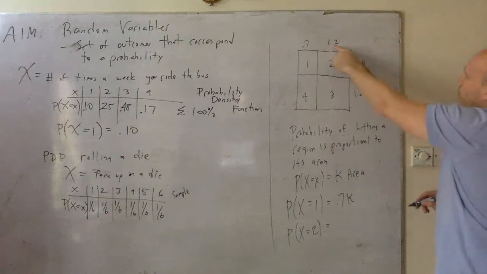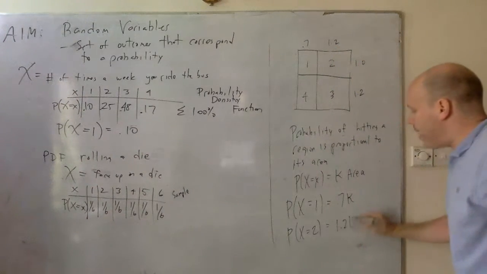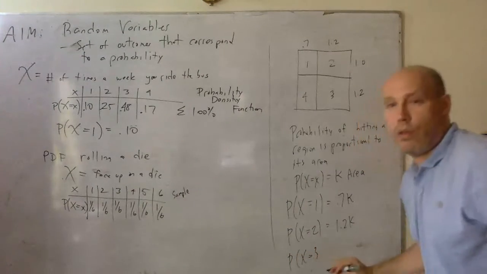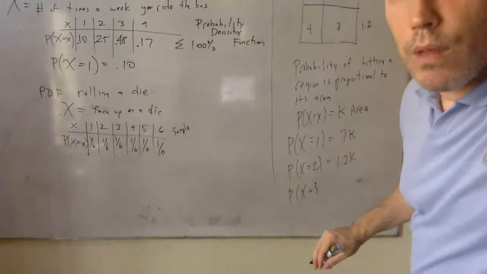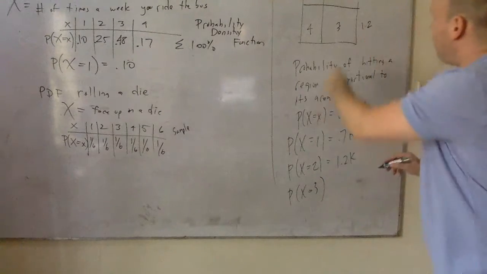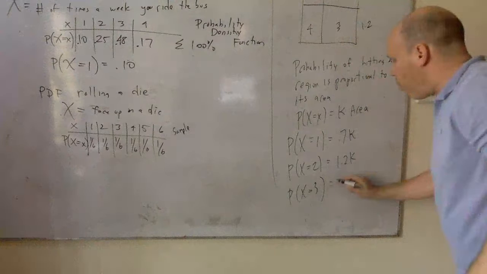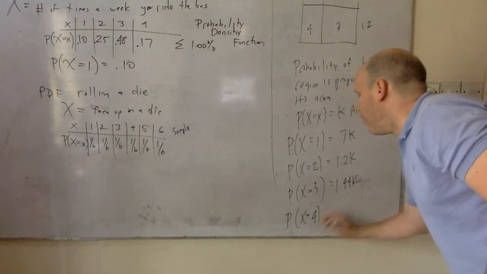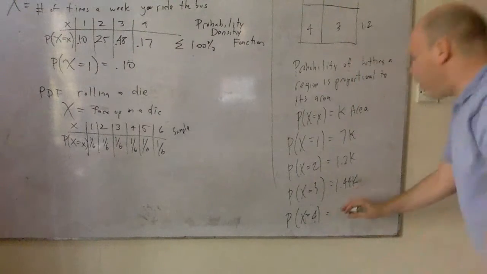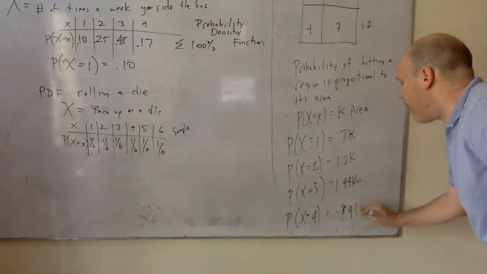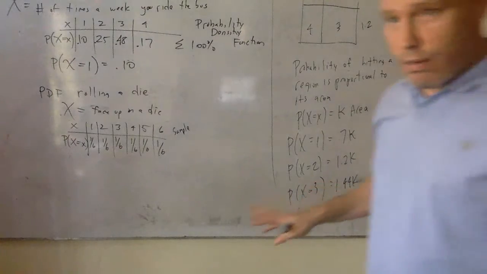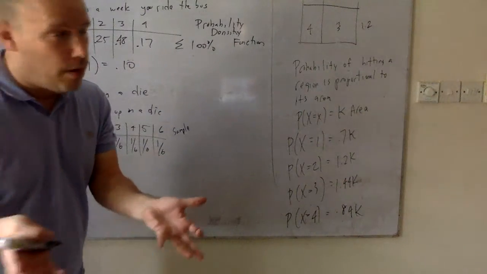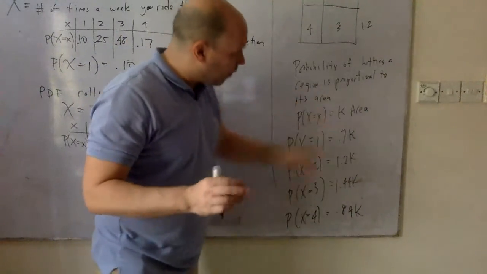Let's see, 1.2 times 1, this is 1.2, but it's K. The probability of 3 is, let's see, 1.44K, and the probability of 4 is equal to 0.84K. So the idea here, once again, in this unit, is we're creating a function. We're connecting outcomes to probabilities.